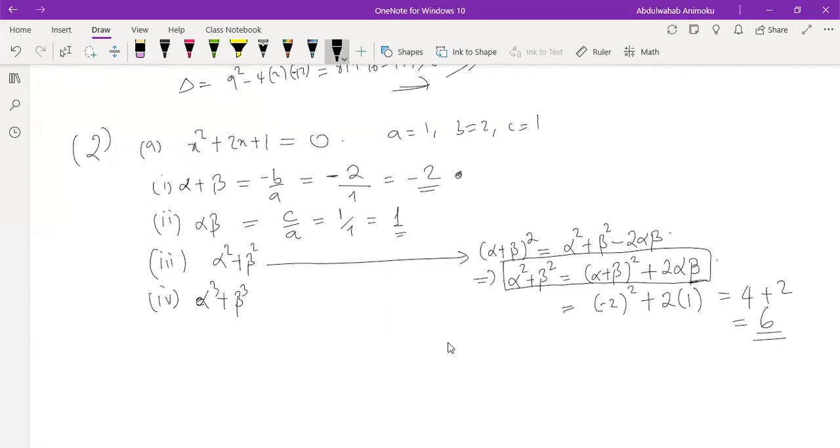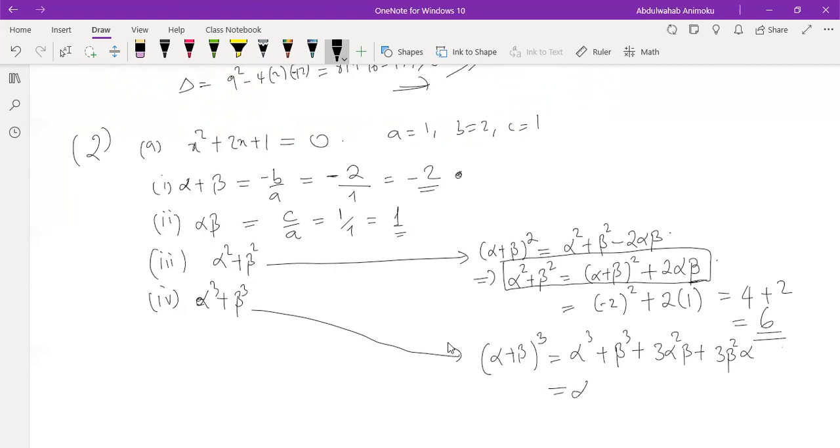Okay. Now, the last one is alpha cube plus beta cube. How do we get alpha cube plus beta cube? We do the expansion again of alpha plus beta raised to power 3. And this turns out to be alpha cube plus beta cube plus 3 alpha squared beta plus 3 beta square alpha.